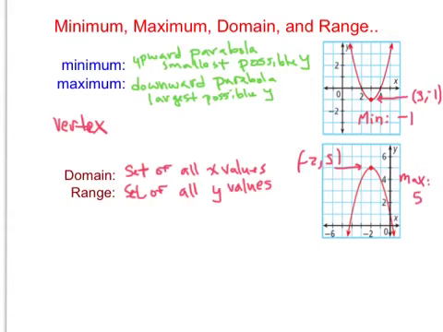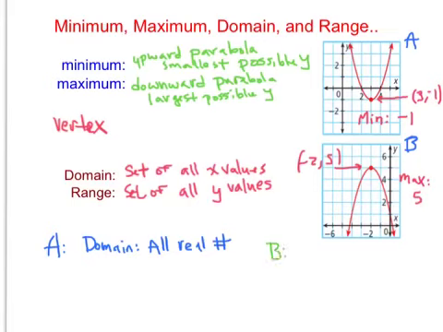This is going to be graph A, and this is going to be graph B. So for graph A, our domain, now this is the nice thing about parabolas, is that our domain for all our parabolas is all real numbers.